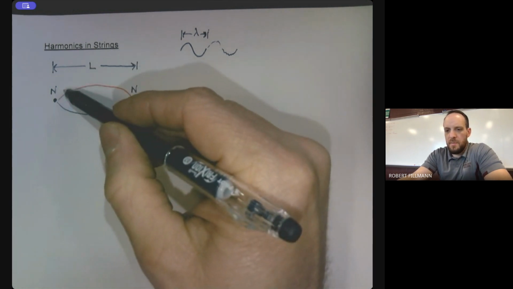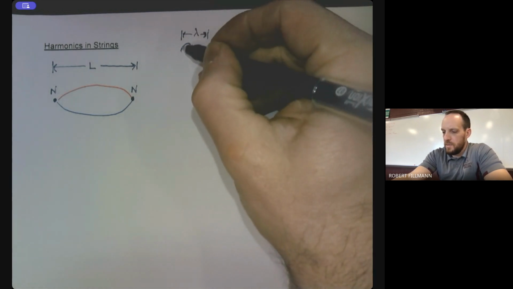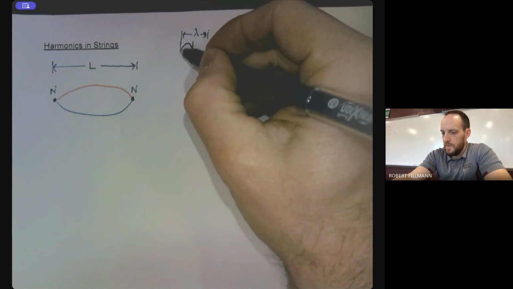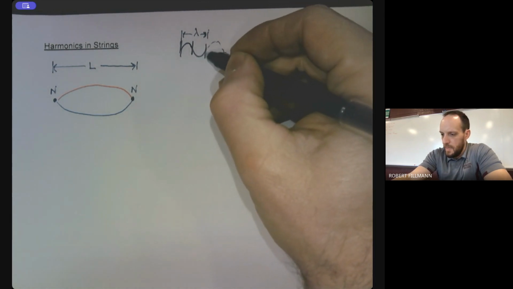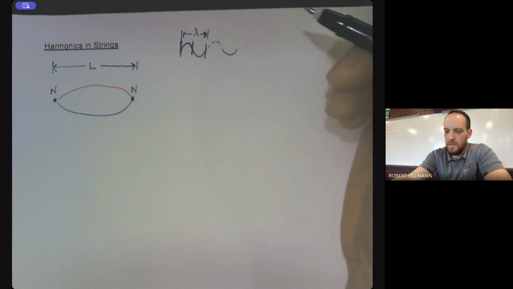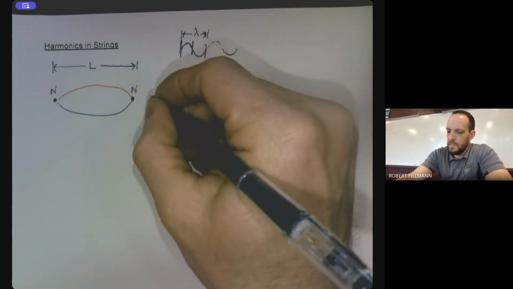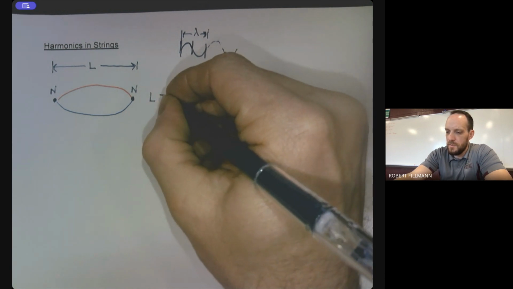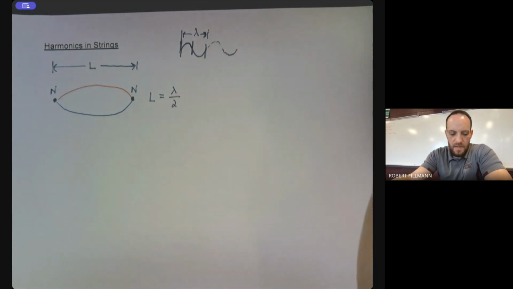It's either the crest or the trough. If it's just the crest, we're looking at this much of the wave. And if it's just the trough, we're looking at this much of a wave right here. Either way you look at it, a crest or a trough is exactly half of a wave. So we can say the pattern for the first pattern is that the length of the string is half of a wavelength.